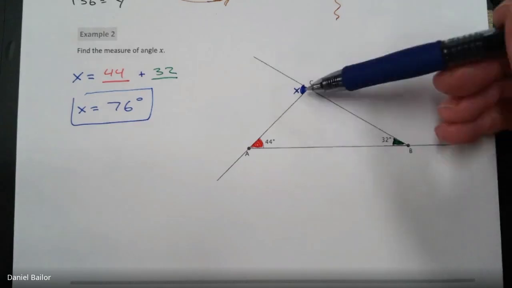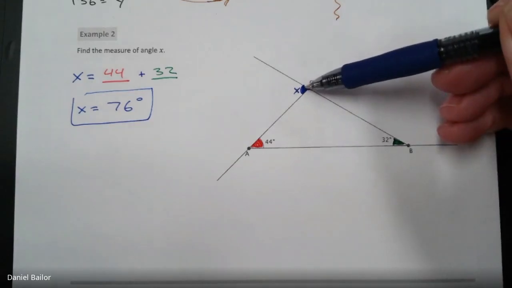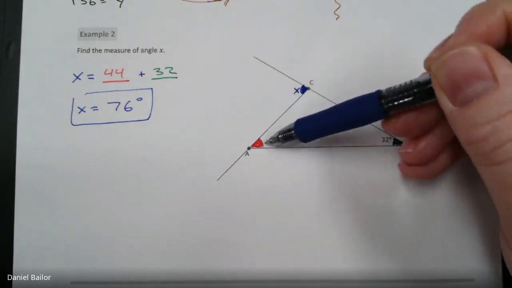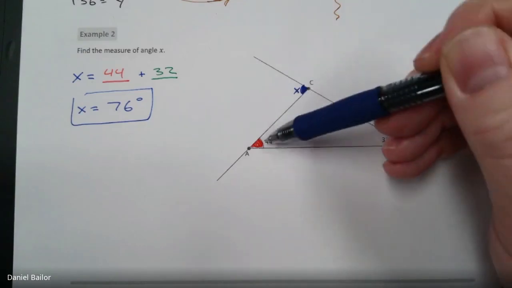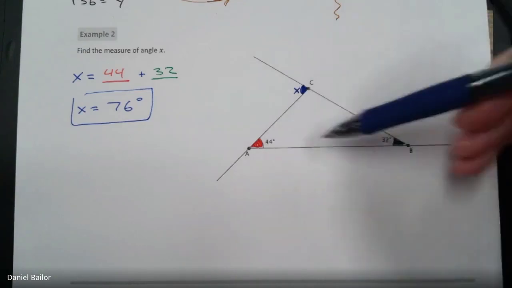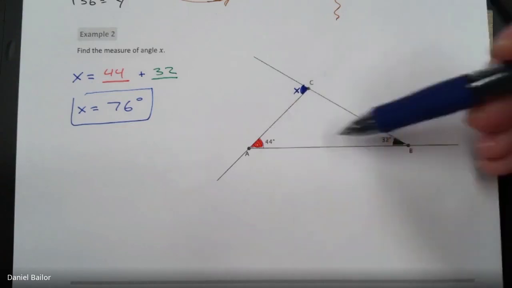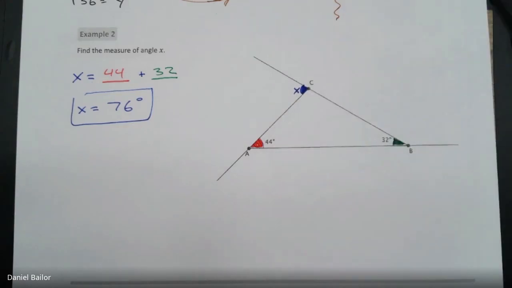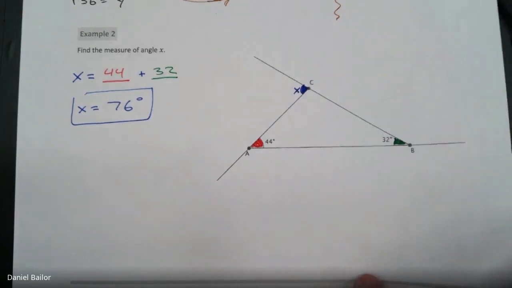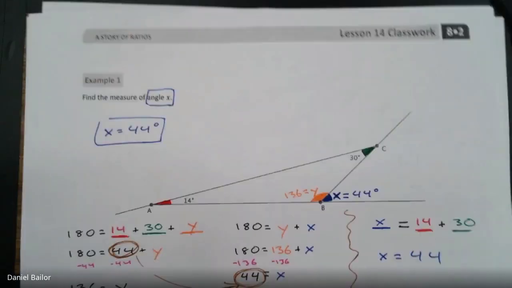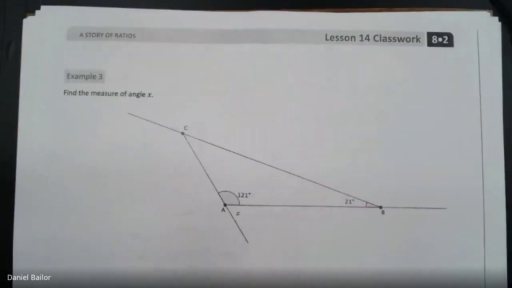I know the exterior angle is related to the two remote, the two far away interior angles. External equals the remote internal angles. Easy enough with the shortcut. You just have to remember that shortcut. It takes practice. Not something you're going to remember after just one or two examples. That's why we have example 3 on page 151.